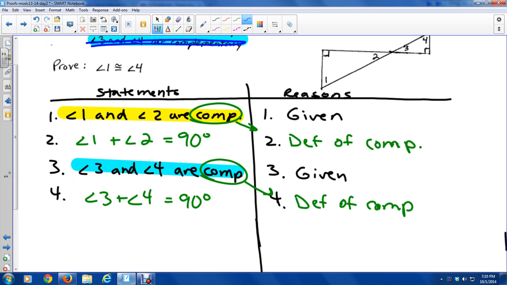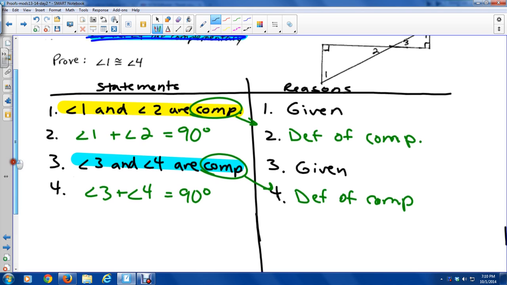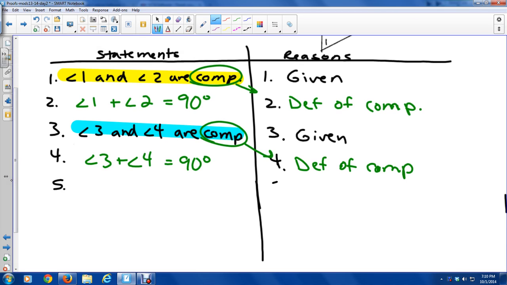Just for the fun of it, because I already have 2 equations, let's start actually by using what we already have. I noticed that we said angle 1 plus angle 2 is equal to 90 degrees, right here in step 2, and then we said in step 4 that angle 3 plus angle 4 is equal to 90 degrees.